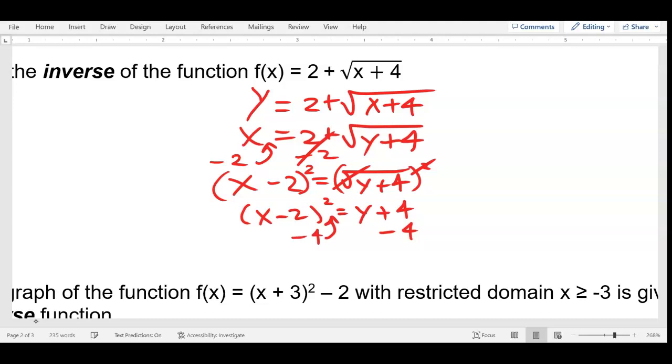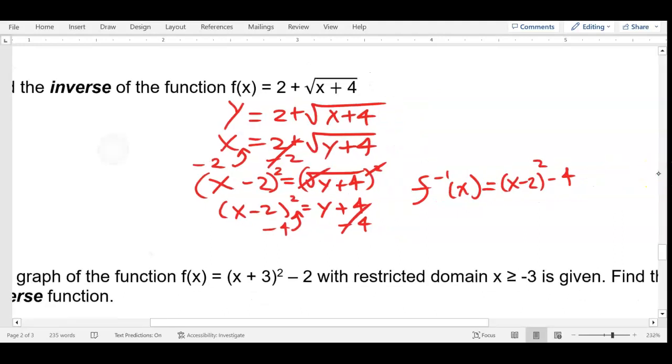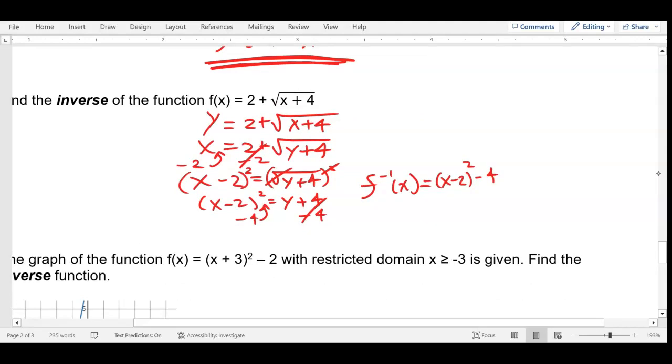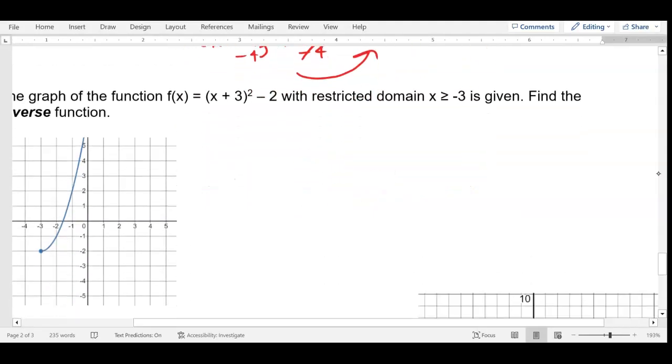It goes afterwards. Every time it's always going afterwards. Okay? So we end up with f inverse of x equals x minus 2 squared minus 4. All right, a couple more.